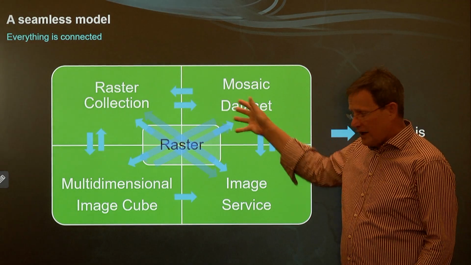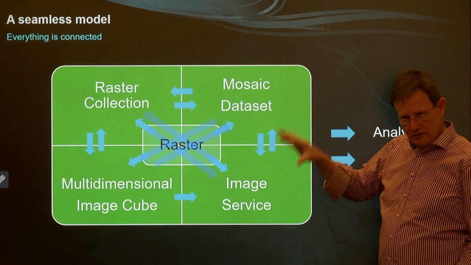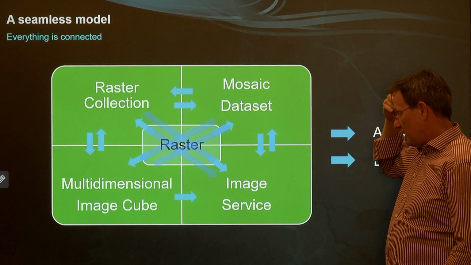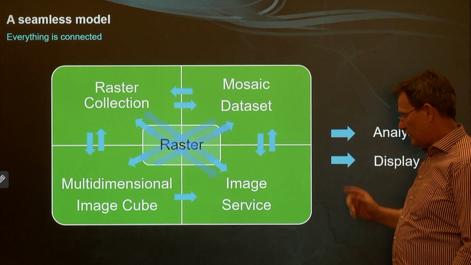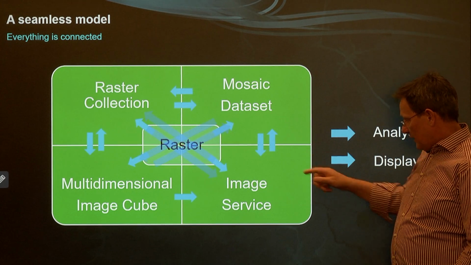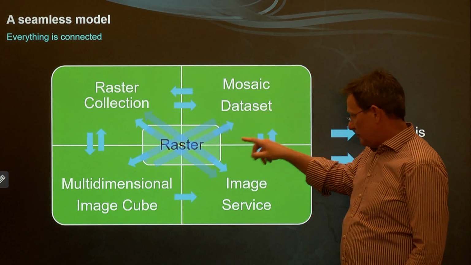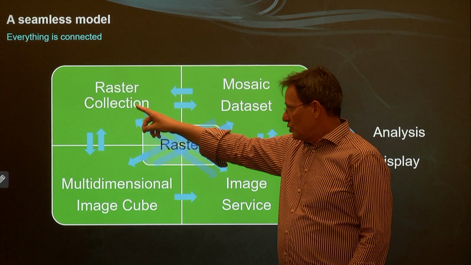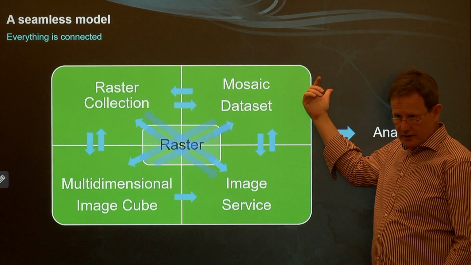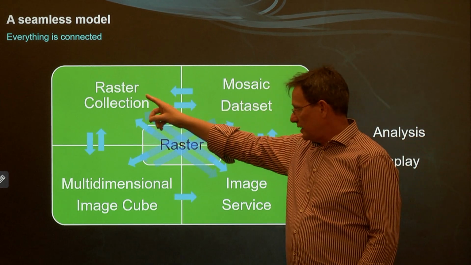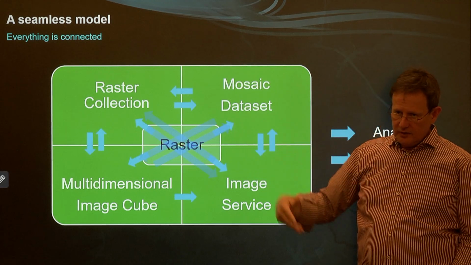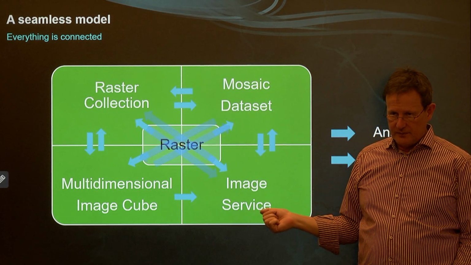The arrows are showing everywhere because all these elements can be combined and used against each other in combination or in converting or interpreting them as that. The raster collection compared to this is more the idea, I do not do a durable thing like a mosaic dataset. I do basically just a collection of images for a certain analytical purpose. I do my analysis and then I potentially dump it again.